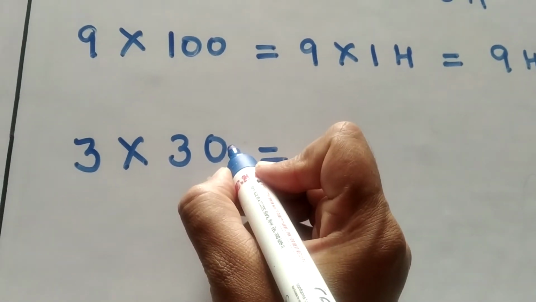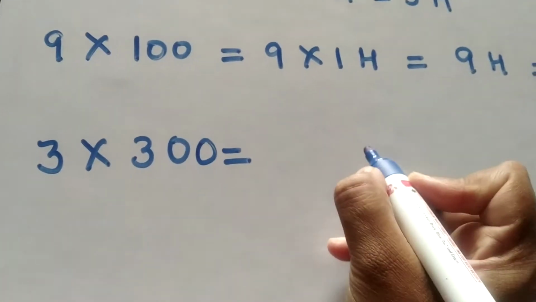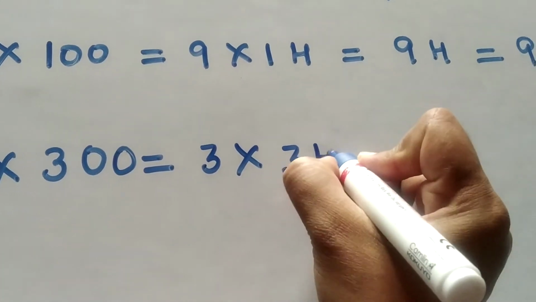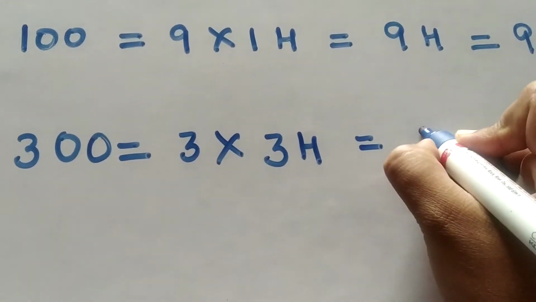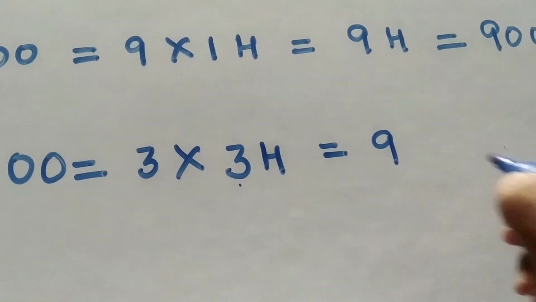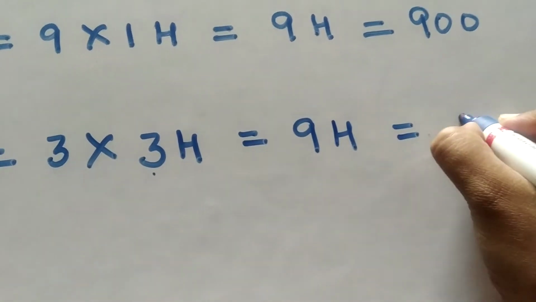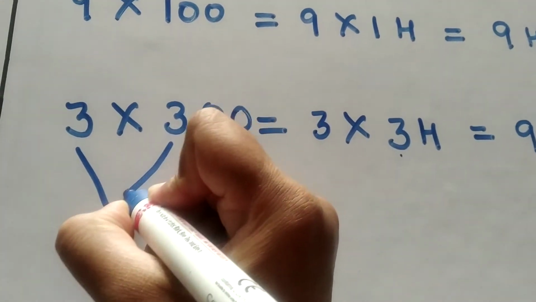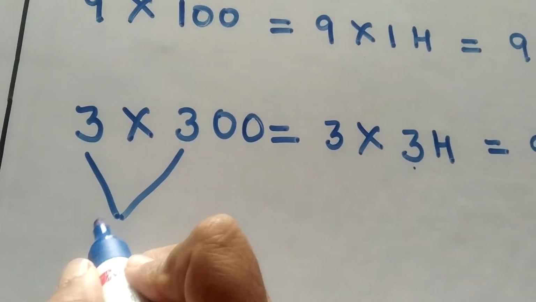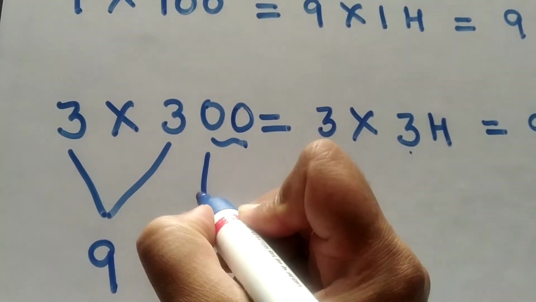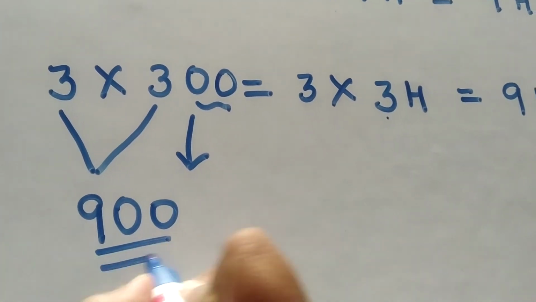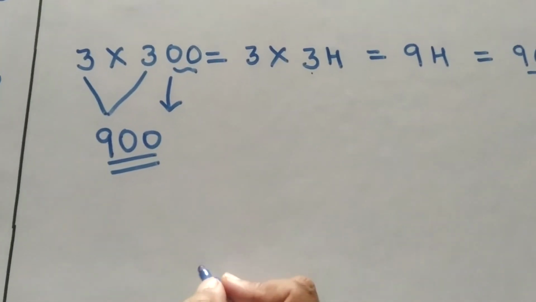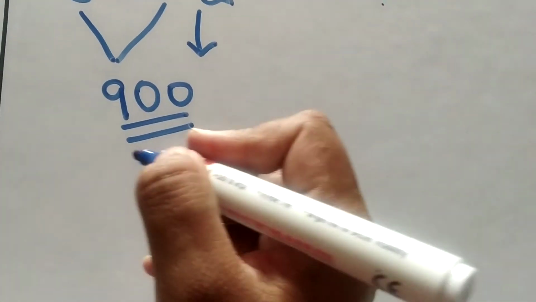Let's see whether it happens in hundreds or not. 3 into 300 gives me 3 into 3 is 9, that is 900. Now let's check it here. If I multiply the first two digits, 3 into 3 is 9, and these two zeros will come as it is, so it became 900. Again, I'm getting the same answer. So we can use the same method here also.